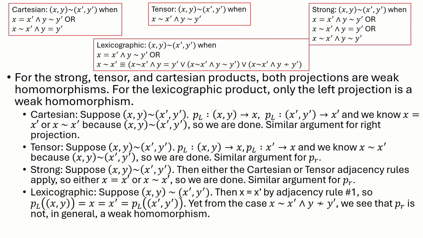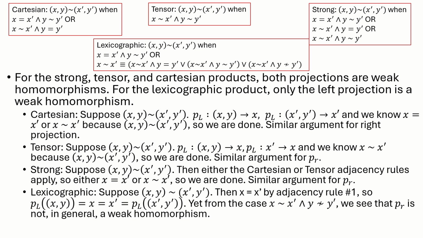For the lexicographic product, adjacent pairs of vertices either have adjacent left coordinates or their left coordinates are equal. In either case, the left projection would take an adjacent pair onto an adjacent pair of vertices or to the same vertex. Therefore, the left projection is a weak homomorphism. The right projection may not be a weak homomorphism.